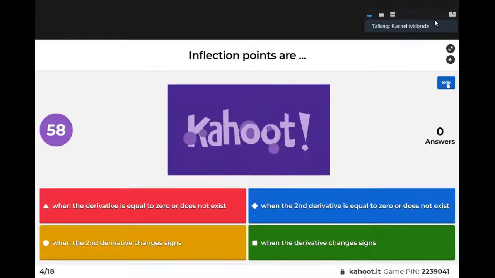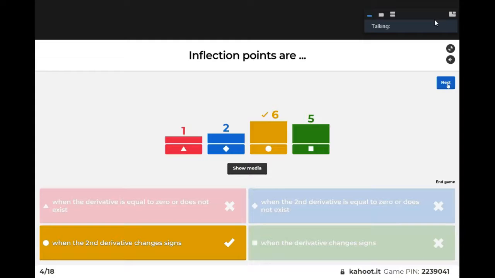Inflection points are... Okay, that's not so great.